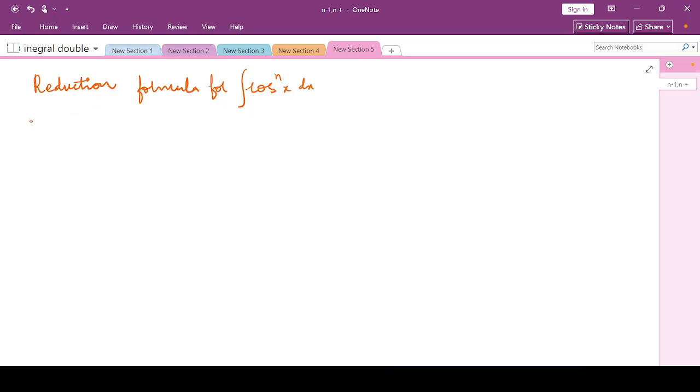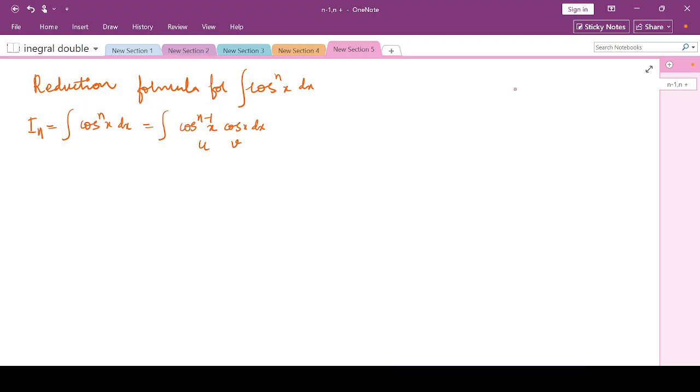Let us start with I_n. I_n is equal to integration of cos raised to n x into dx. I am going to express cos raised to n x as cos raised to n minus 1 x into cos x into dx. As usual, we use the integration of a product formula, that is called integration by parts.